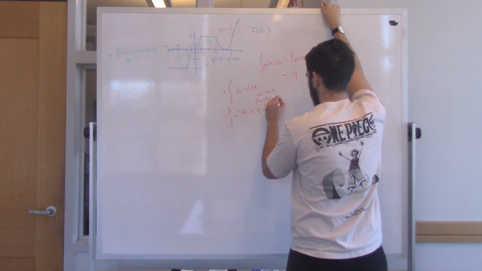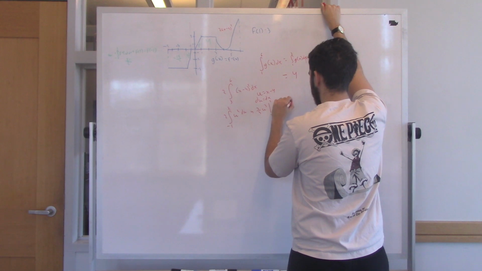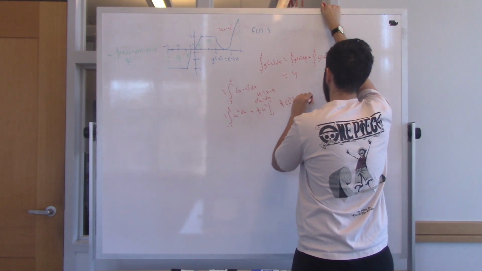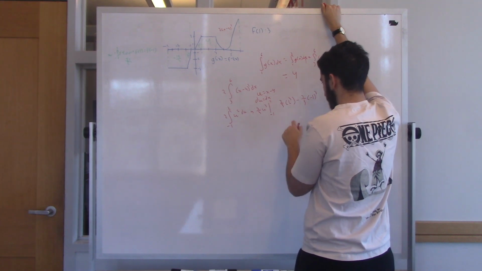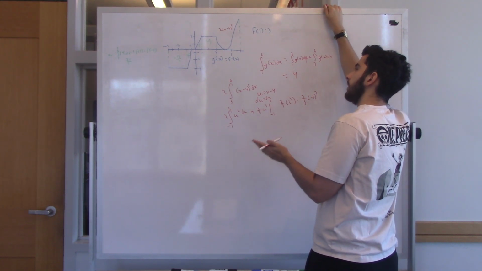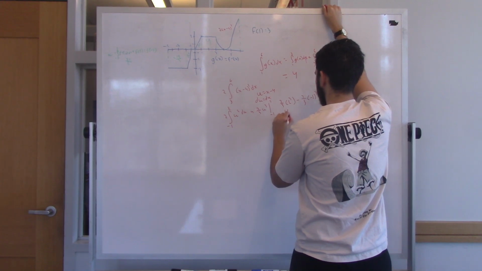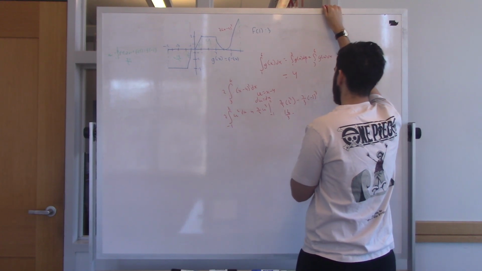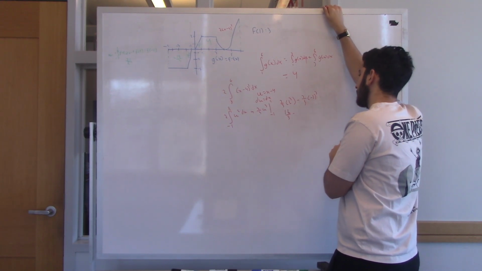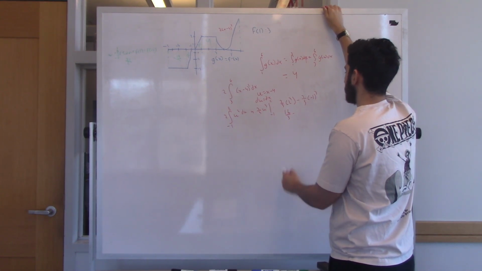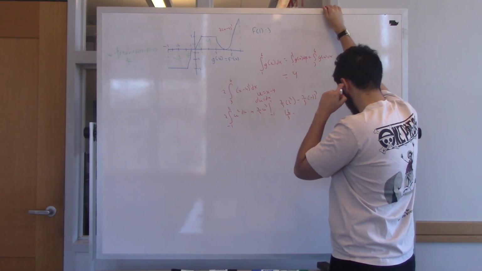Okay, so we get 2/3 of 2 cubed minus 2/3 of negative 1 cubed. 2 cubed, that's 8, times 2 is 16, so you get 16 over 3 minus negative 1 cubed, that's going to be negative 1, times 2/3 is going to be, sorry, negative 2/3.